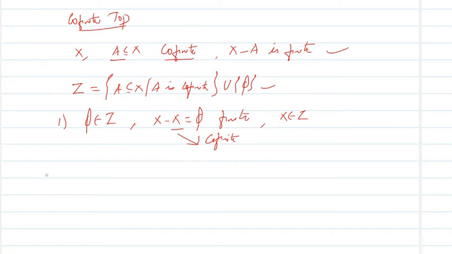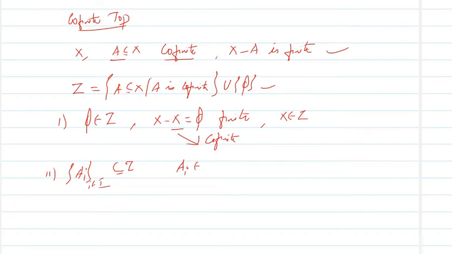Now the second property. Let Ai, i in I, be an arbitrary collection of non-empty members of tau. Which means what?